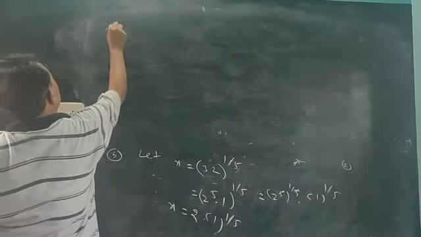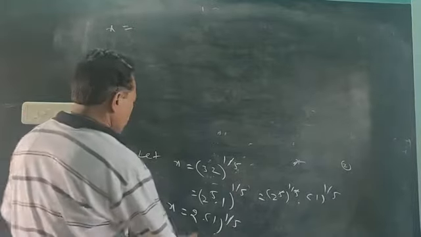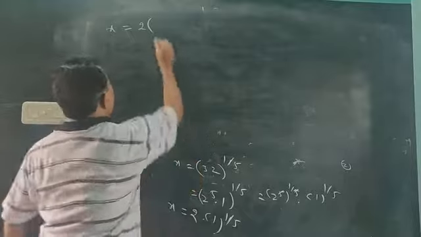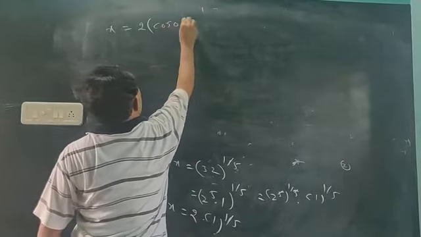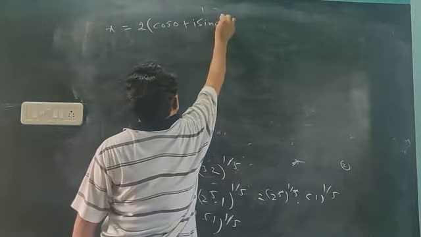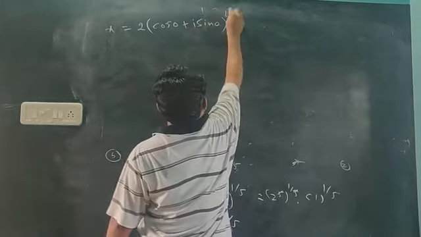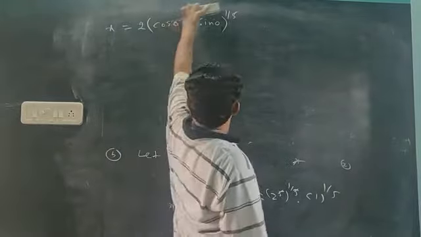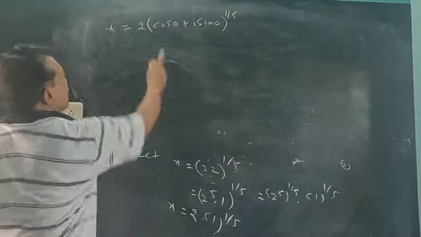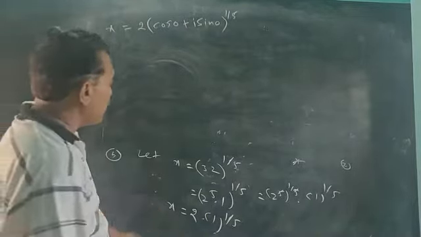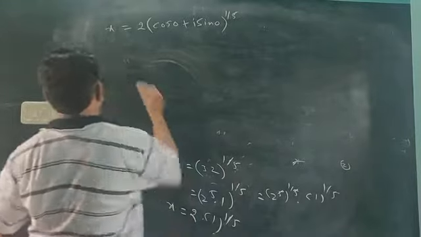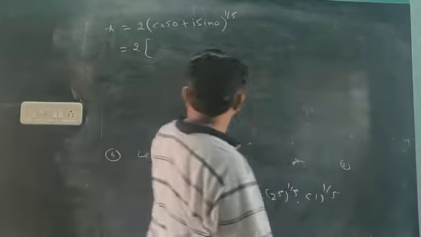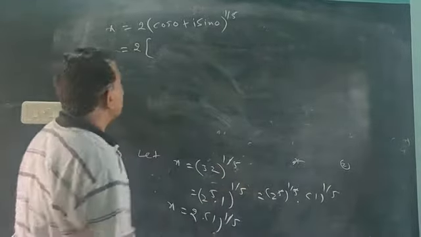Continue. 1 means, in theory, cos 0 plus I sin 0. Cos 0 is 1 and sin 0 is 0. Therefore 1 is expressed in this base form. Now in terms of k, 2 pi k is a must, because sin and cos are periodic functions.